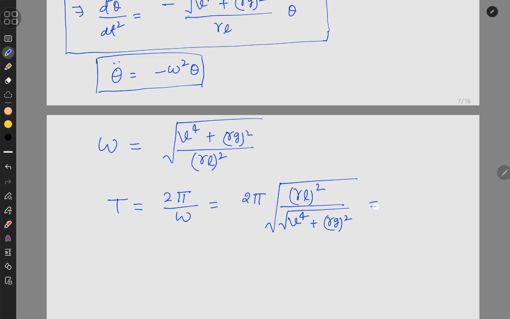So if I write it in a slightly less complicated form, it will be 2 pi RL divided by the square root of v to the power 4 plus Rg squared.